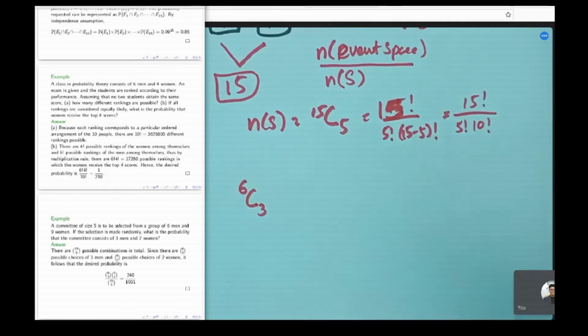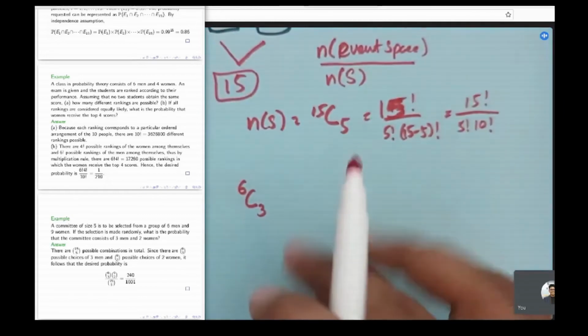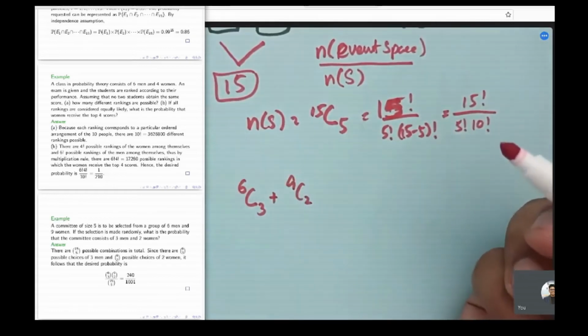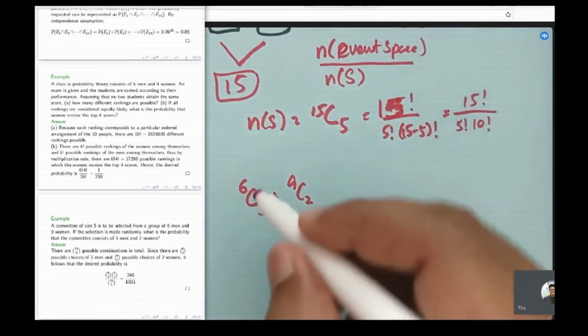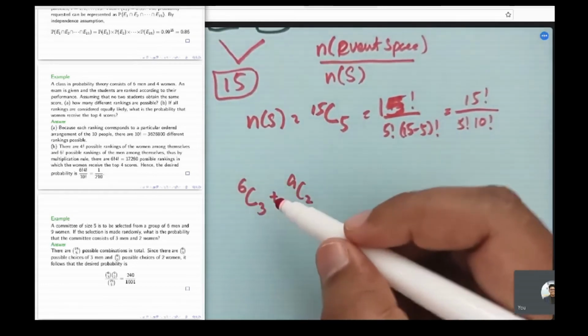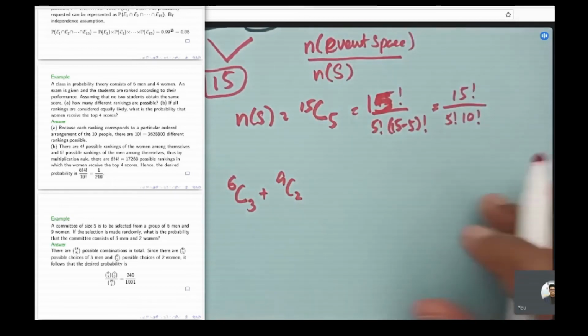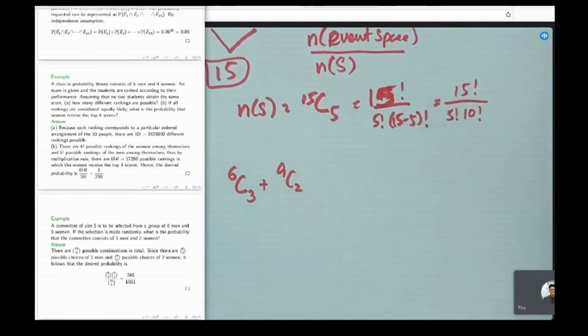If you take this one and say plus 9C2, this is wrong, because in the previous case we discussed the multiplication rule.